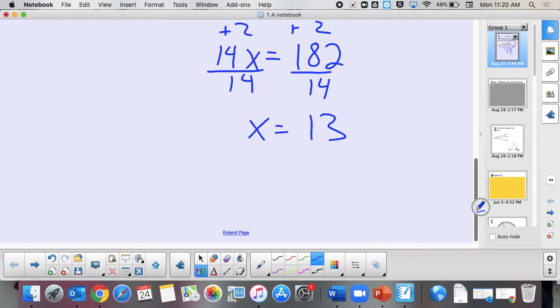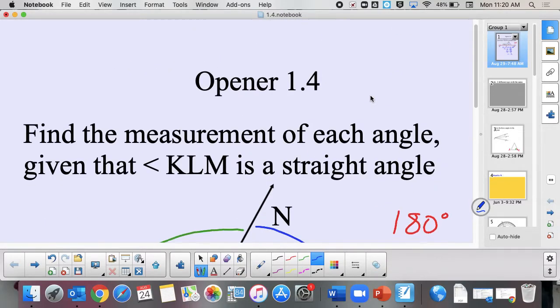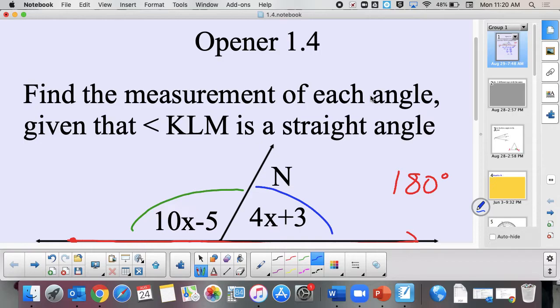Now, the difference is, in this problem, if you look back up at the directions, they want us to find the measure of each angle that is there. So we have to take that and plug it in. When we plug it in, if x is 13, that means the angle on the left is 10 times 13 minus 5.